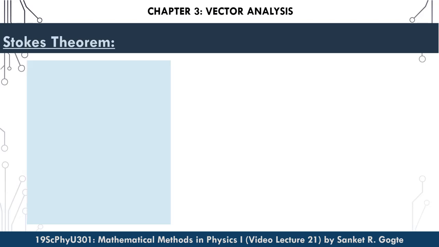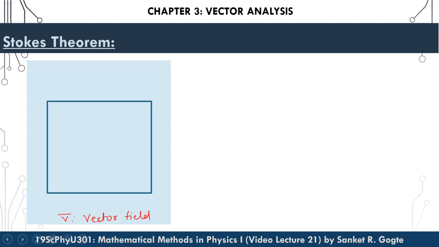Suppose this is the vector field as we have done on the previous slides. In this vector field, this is a finite surface and we want to calculate this quantity del cross v over the surface S. Note here that this is a surface integration, so it should be a double integration.